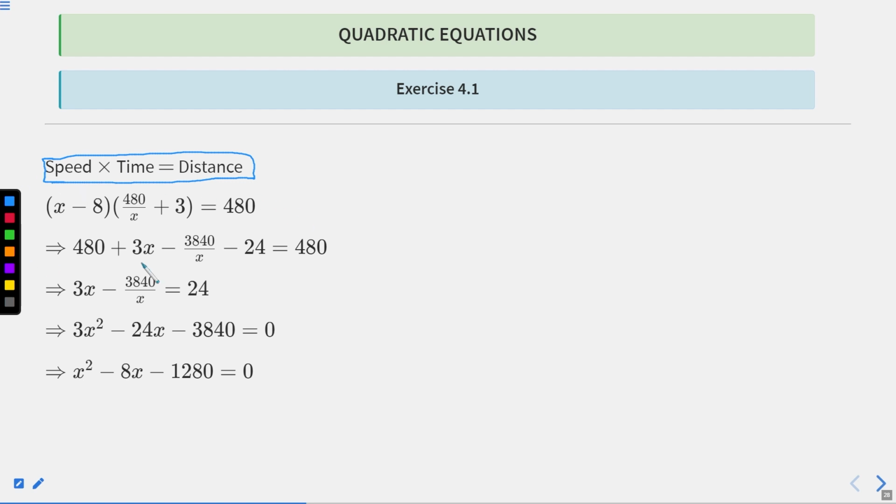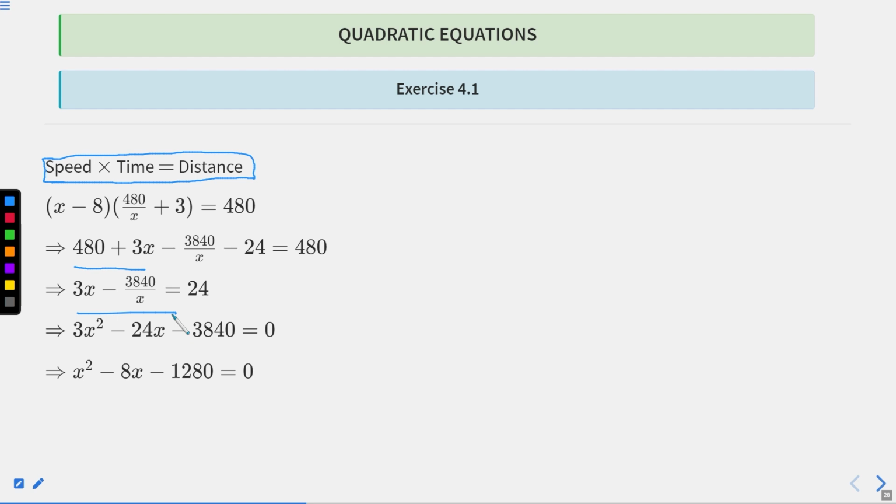Now if we simplify this, it implies 480 plus 3x minus 3840 divided by x minus 24 is equal to 480. So it implies 3x minus 3840 divided by x is equal to 24. Simplifying further, 3x square minus 24x minus 3840 is equal to 0.